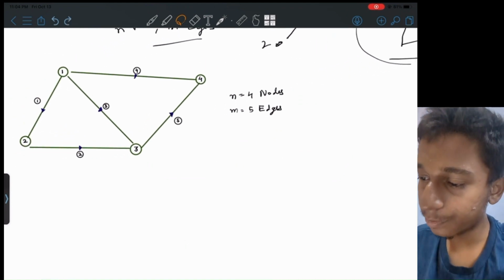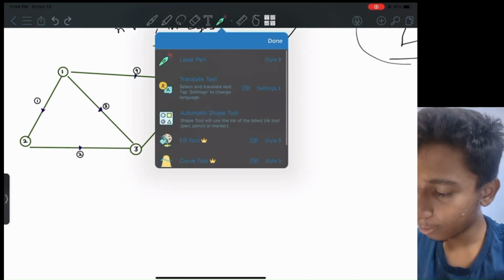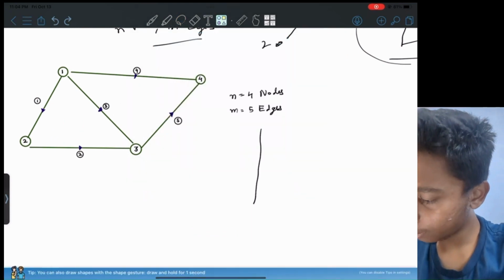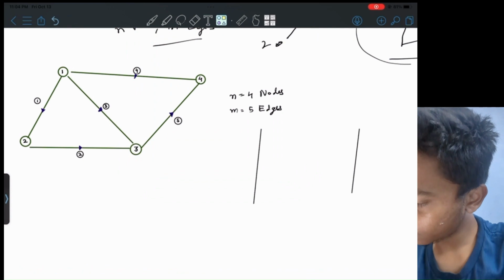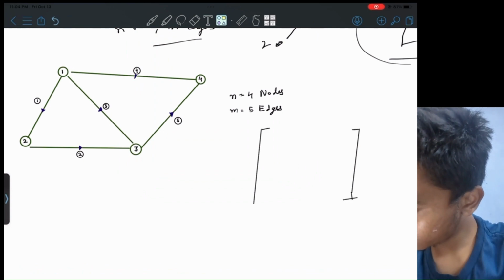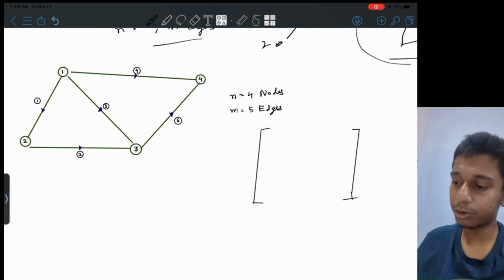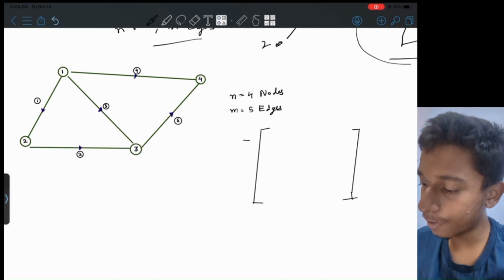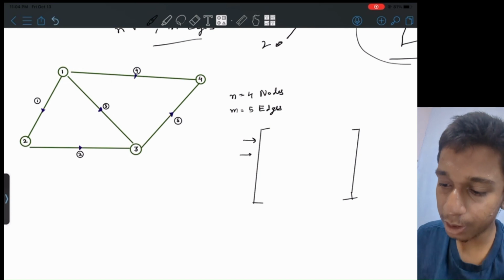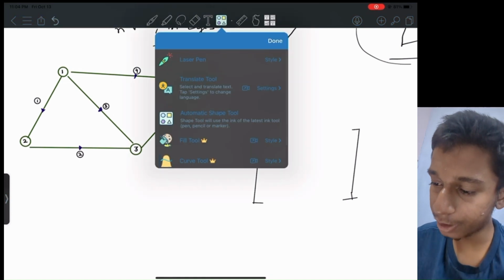So for my matrix, every row would correspond to a unique edge of the graph.